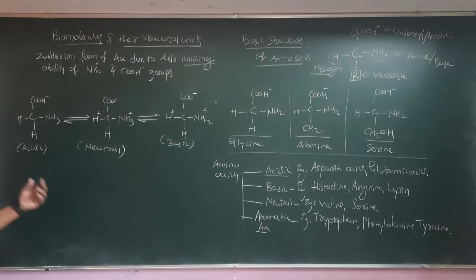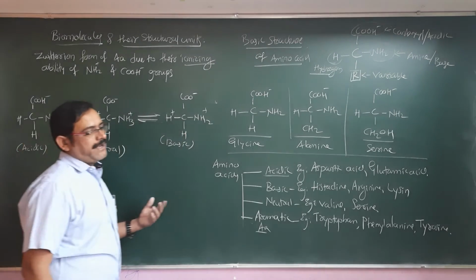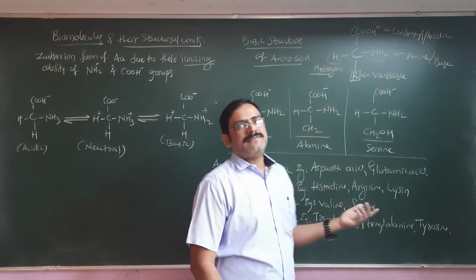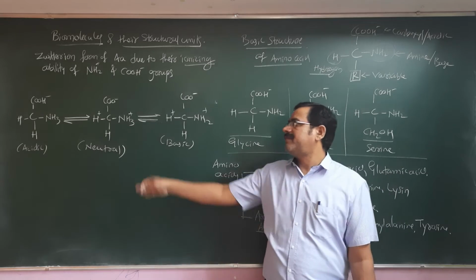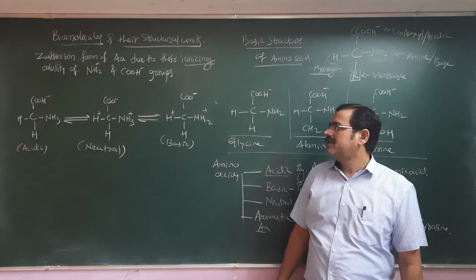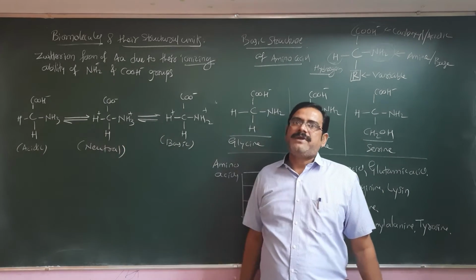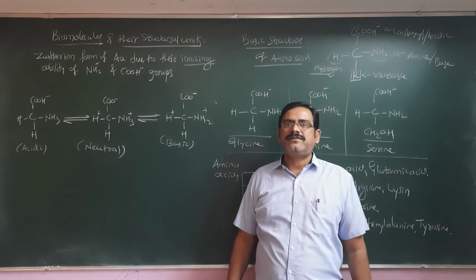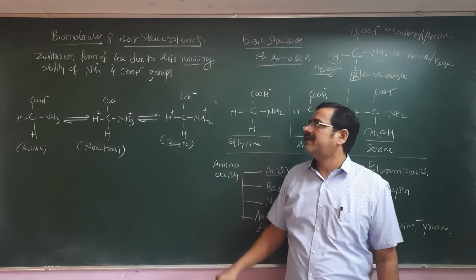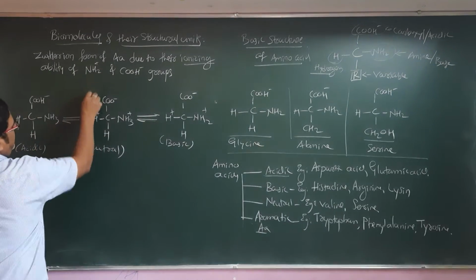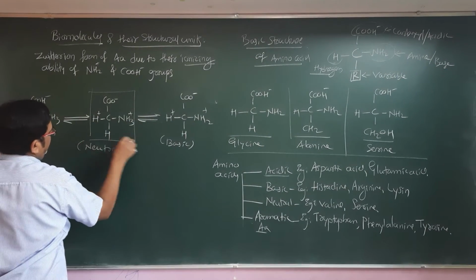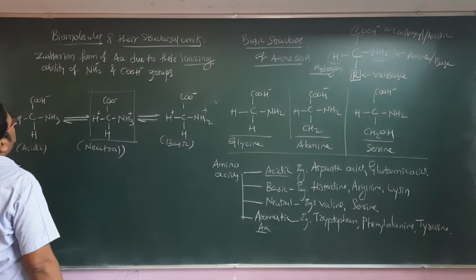Either by losing or gaining the hydrogen ions, it can become acidic, or it can become basic, or it may remain neutral. This neutral form, maintaining its positive and negative ions equilibrium, we call the Zwitter ionic form. So this amino acid is a Zwitter ion form.